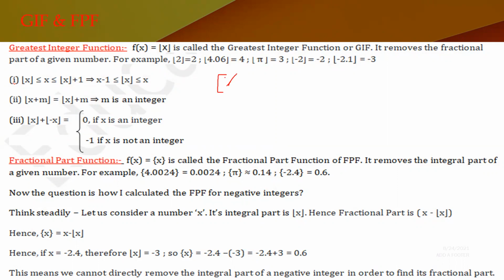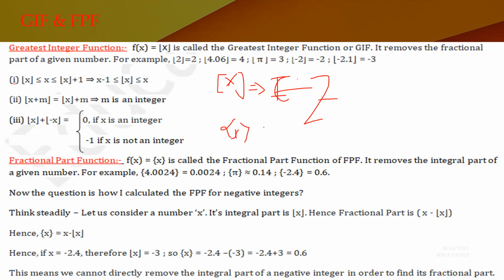So x is any real number, it takes out the fraction part or decimal part, whatever you want to call it, and gives out the integer. The GIF of x is an integer. And the fraction part of x, the decimal.